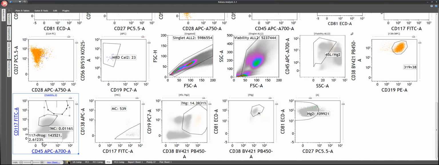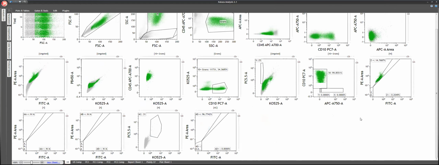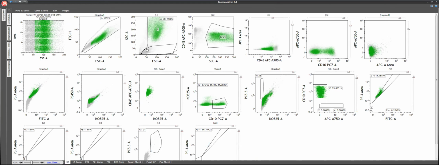Now, we also acquire unstained cells to see the autofluorescence of the cells. And these unstained cells not only give autofluorescence, but we add CD45 and CD10 to see how many neutrophils, CD10 positive granulocytes, are there. CD10 positive granulocytes indicate neutrophils; usually in representative bone marrow they are less than 30 to 40%.